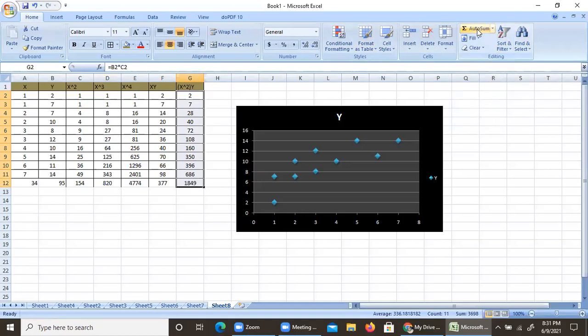So all the summations have been calculated. Now try to recall the normal equation that you have with you. The normal equation is this.